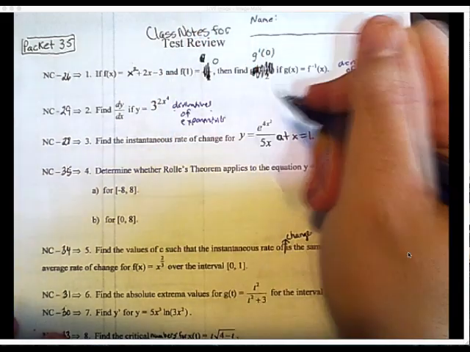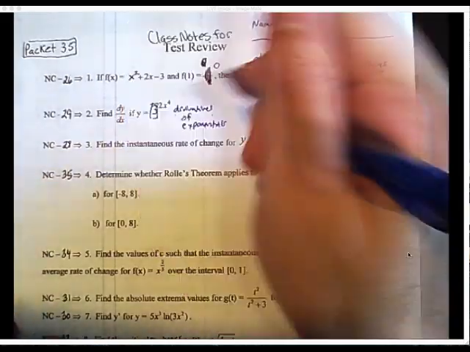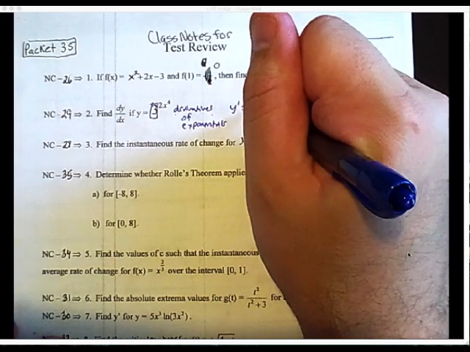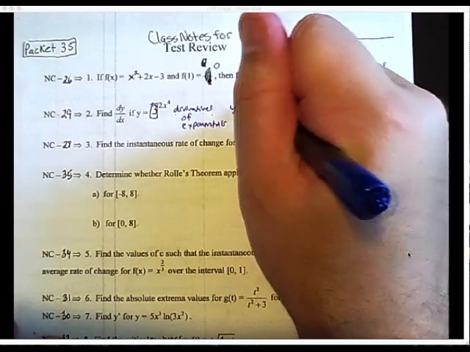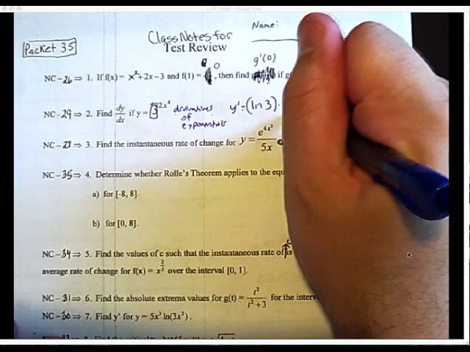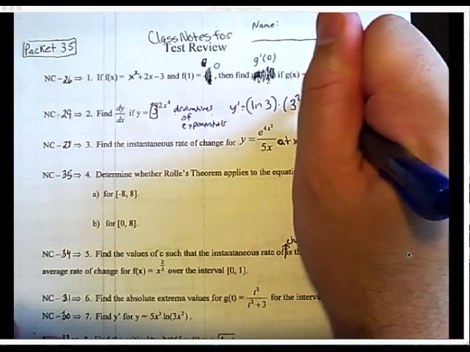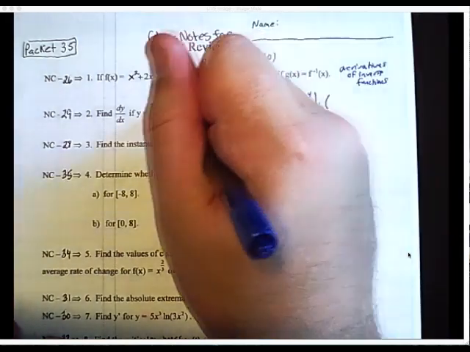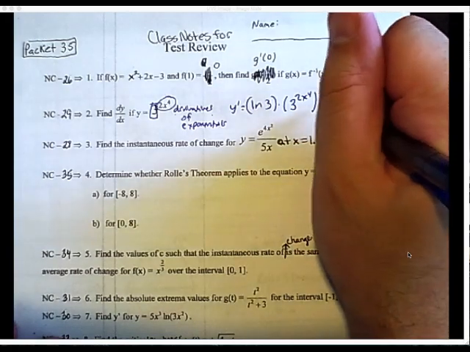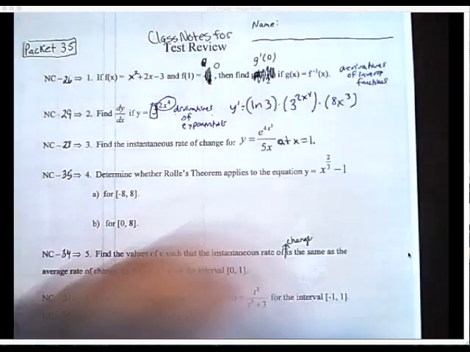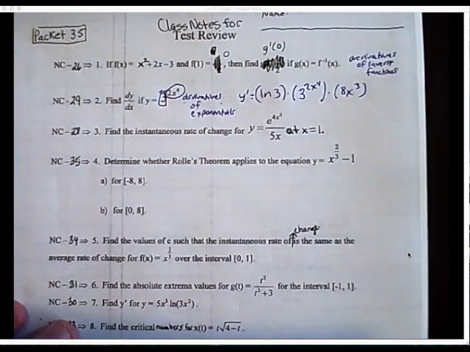If you want a quick review on here, the a value is 3, so y prime would be ln of 3 times the whole function itself again times the derivative of just the exponent. So there's a freebie for you.